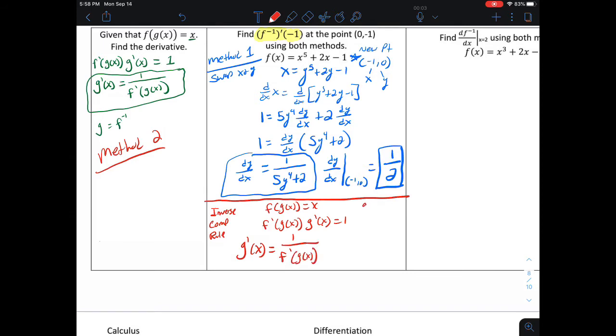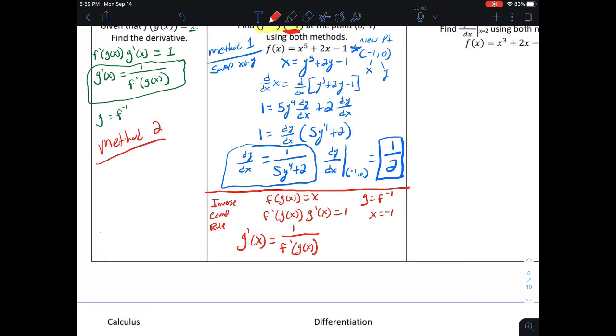And so g being our inverse function here, we wanted to put -1 in for x, because that's what we had to plug in. So I'm going to replace all of my x's in my problem with the -1, and so we'd have 1 over f prime of g of -1.